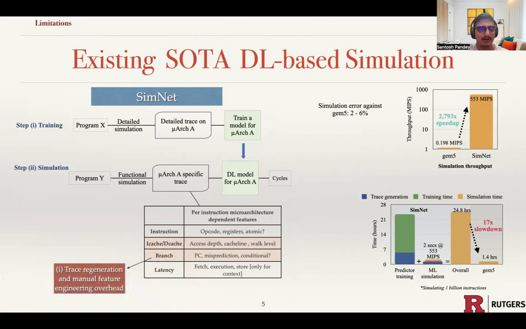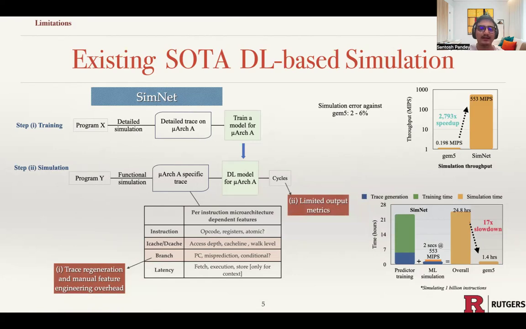But they have some limitations. The first one is that we have to regenerate the trace and do manual feature engineering whenever we change the microarchitecture, because different microarchitectures have different behavior and hardware components, so we need to redesign that. The second one is the limited output metric.